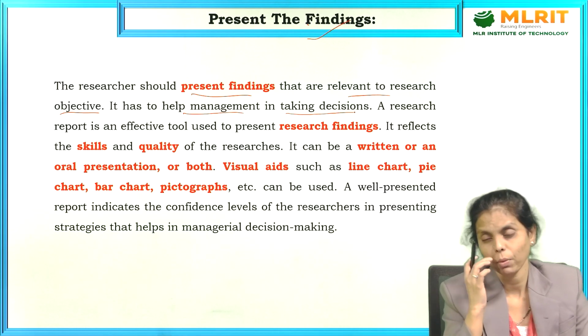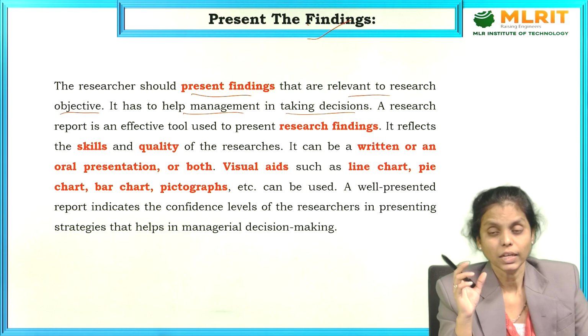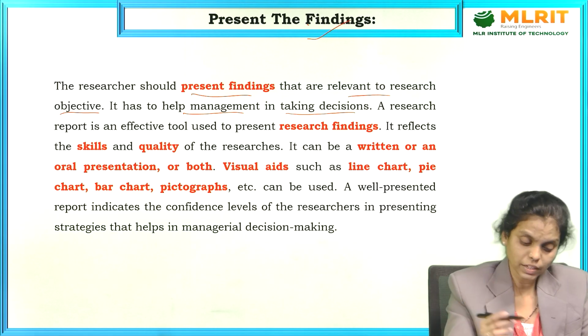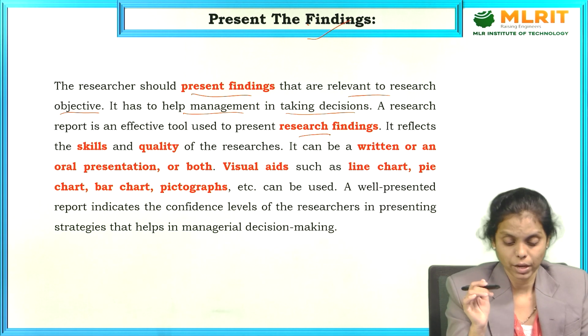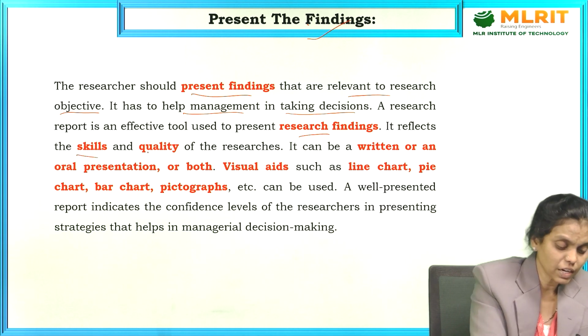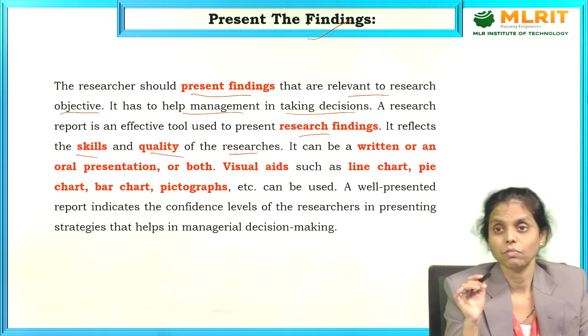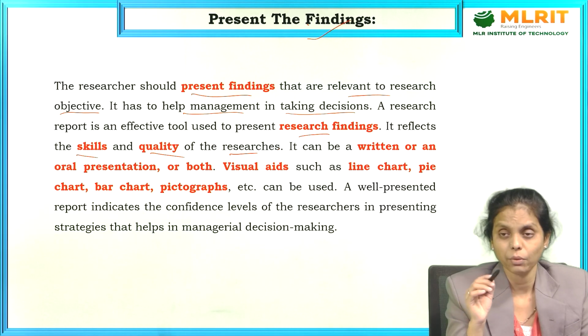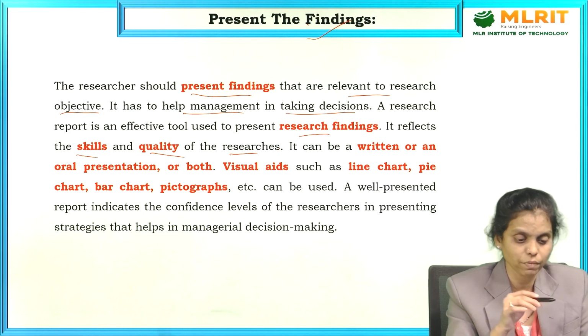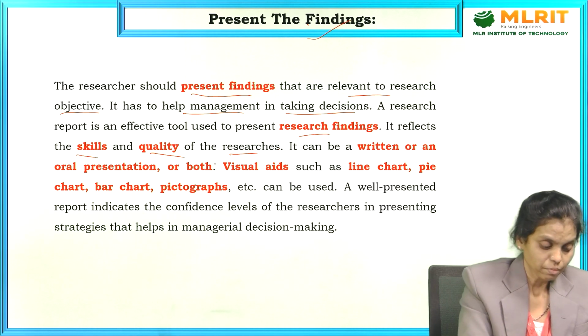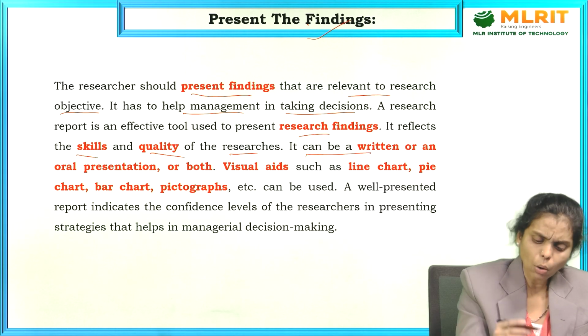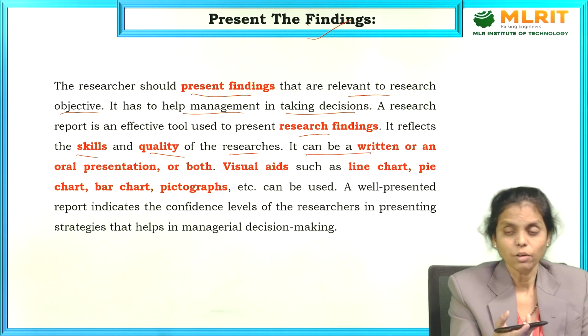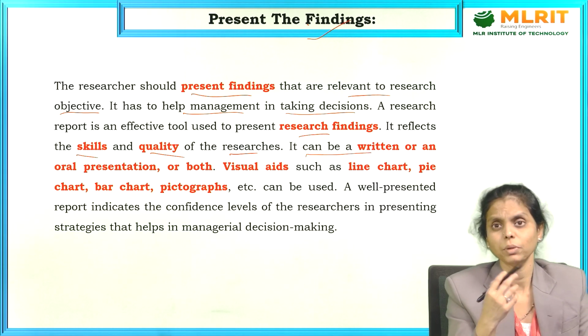So when we provide the right information about the customer's competitor, then definitely it will be useful for the decision maker, the higher level management. It reflects the skills and qualities of the researcher. What kind of skills and qualities are required for the process of research, we will identify here. Now how do we present these findings to the management or top level?